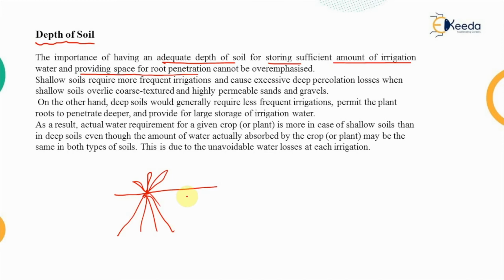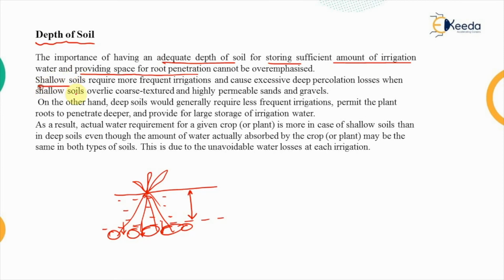If the soil depth is only up to this level, and below this there are rocks, then obviously there would be a problem for the roots to grow beyond this level. The water will only be stored in this region, and that too will percolate down because we have a pervious medium.